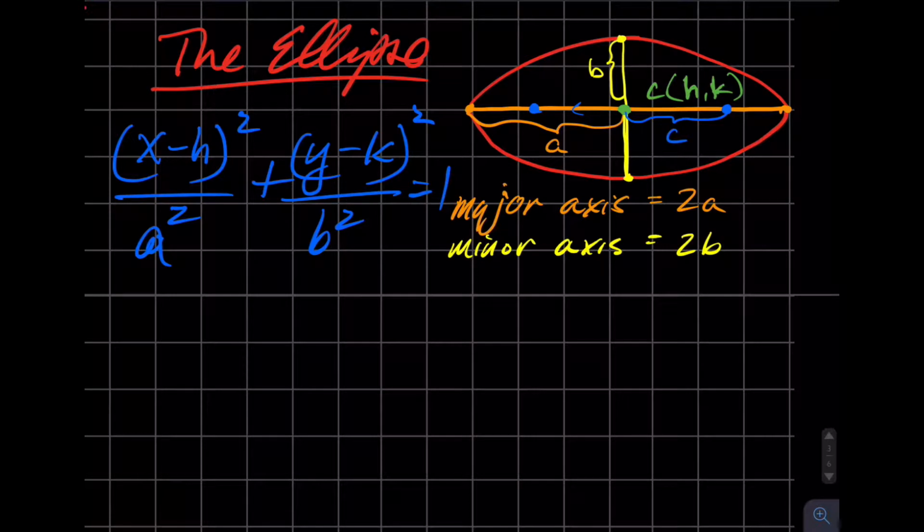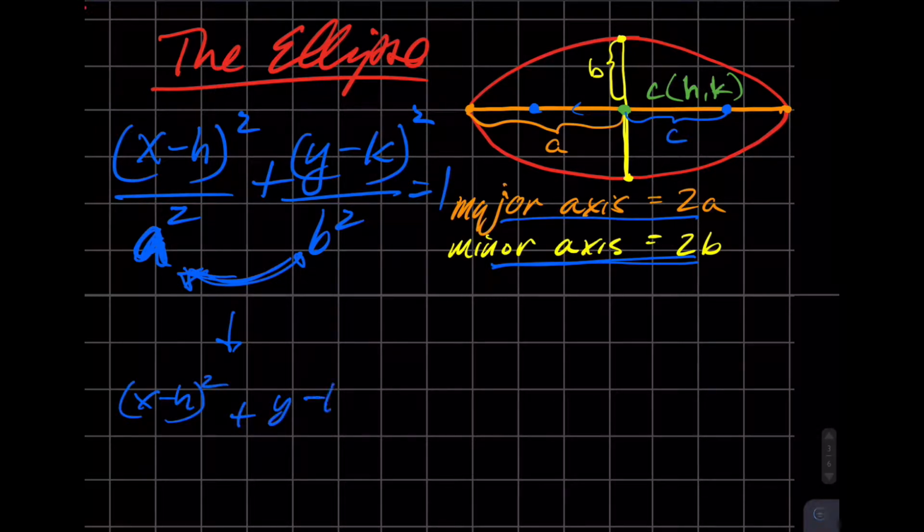Now, one way to look at it is that there are, quote, two versions of it. The difference between the two versions is if I swap a and b. If a is always the major axis and b is always half the distance of the minor axis, and I switch this a and b, my formula now looks like this: x minus h, the quantity squared, over b squared, plus y minus k, the quantity squared, over a squared.